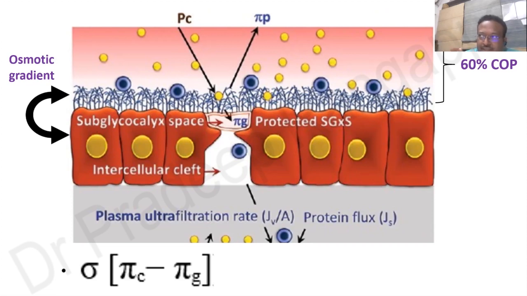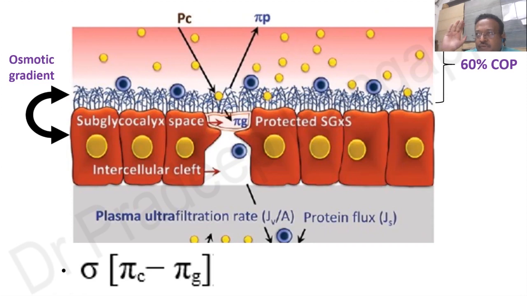So the revised Starling principle: in the initial Starling principle, we said the movement of the fluid is mainly determined by the colloid oncotic pressure minus interstitial oncotic pressure. Now the revised Starling formula states that the movement of the fluid is determined by the colloid oncotic pressure minus the glycocalyx oncotic pressure, which is called pi g.